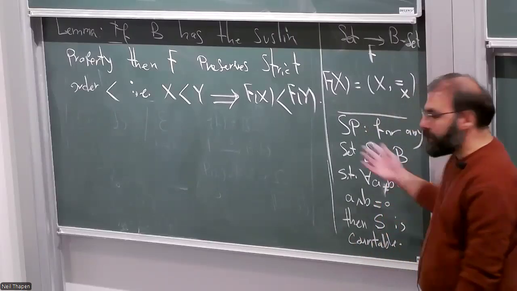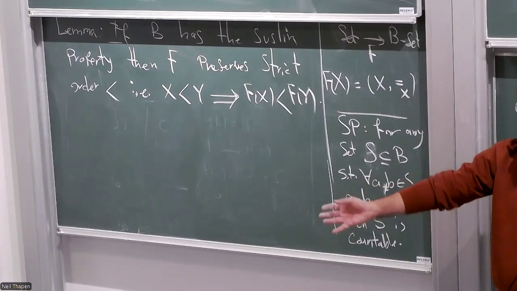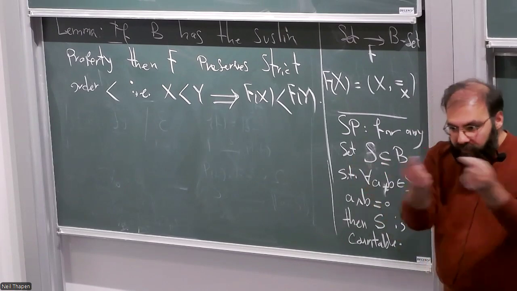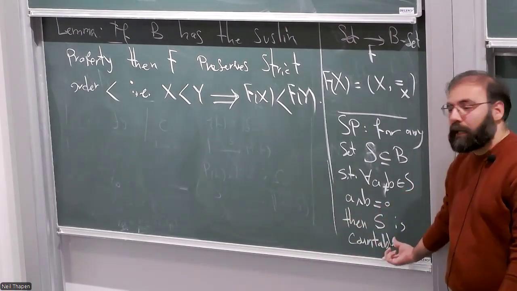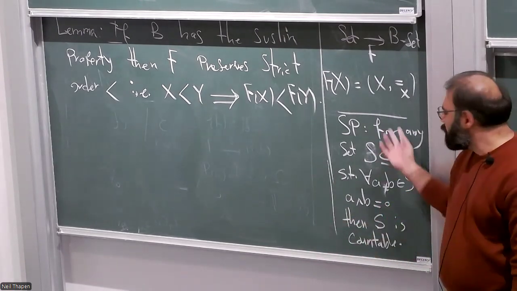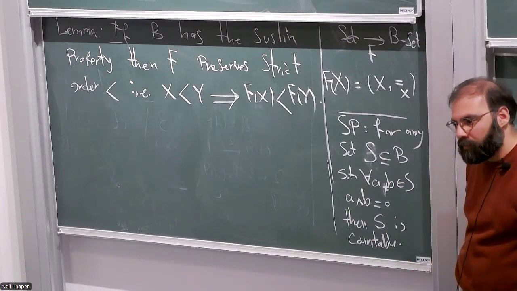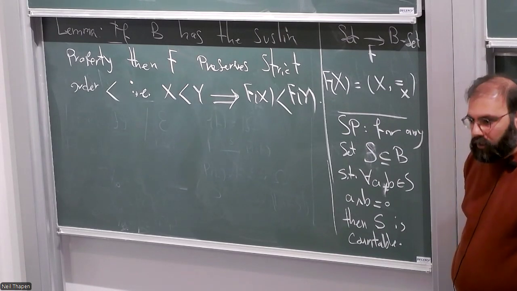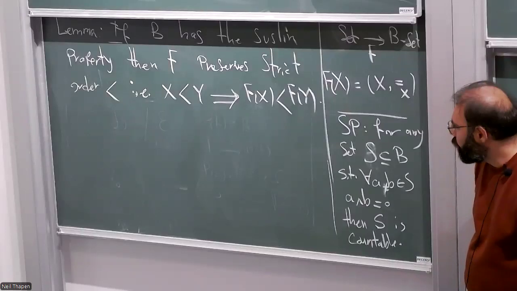Right? It says that you have your Boolean algebra. If you can pick some elements such that any two of them do not intersect with each other, then the whole thing should be countable, right? Your B is not so big. It is big, but not widely big, right? And some people call it the Suslin property.